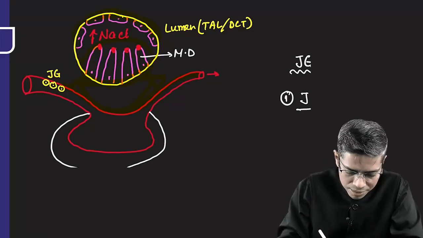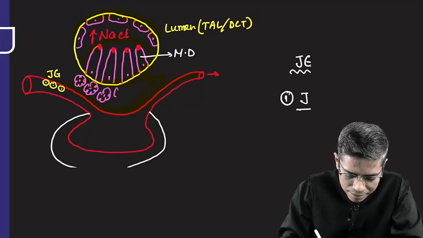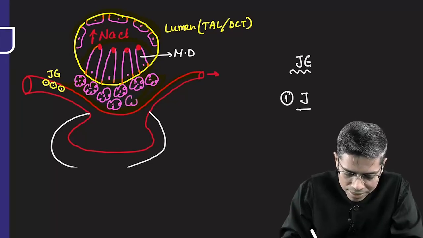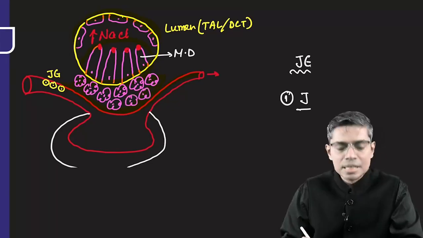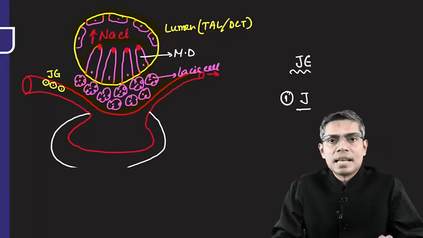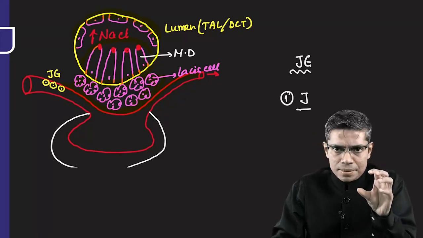I'm drawing these cells. These are the mesangial cells located in the triangular space between the DCT lumen and the afferent and efferent arteriole. These cells are known as the Lacis cells, right? Lacis cells are a kind of mesangial cell.